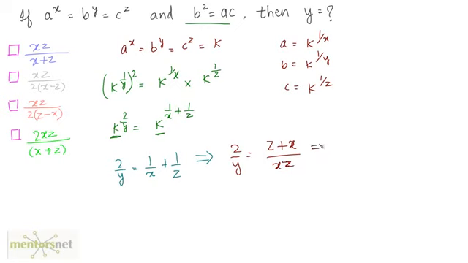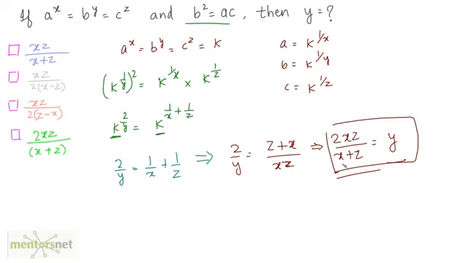Then xz goes to the left, and z plus x goes down to the right hand side. So we have y's value as 2xz upon x plus z, and that is option D.